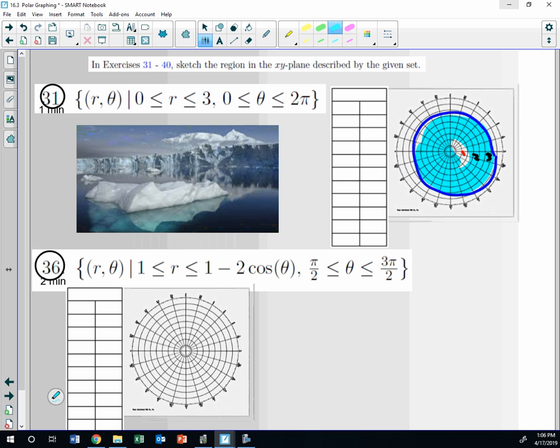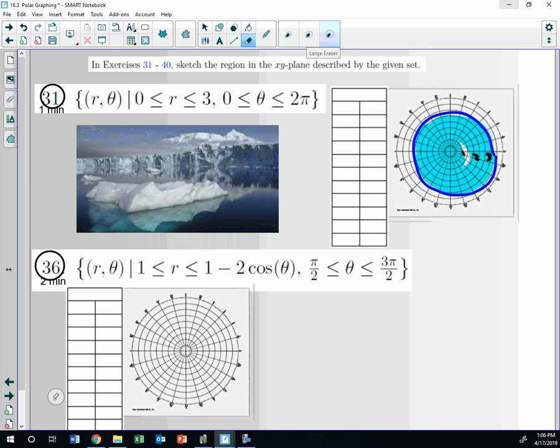Everything inside. Right? It's everything inside because r is between 0, 1, 2, and 3, and it'll be all these. Now what if this were just a pi? What would happen? It'd just be the top half, right? So you can control that when you sketch this one.